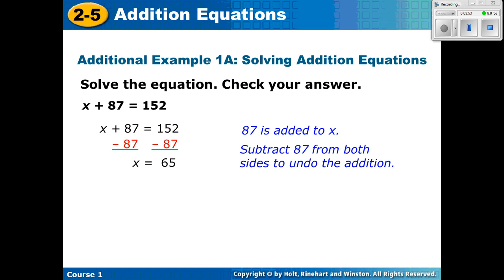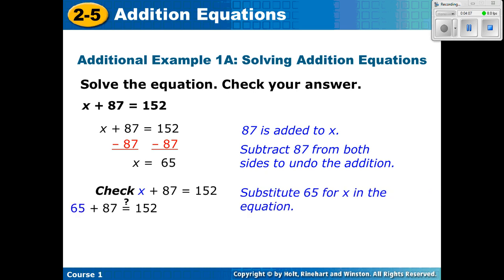But I want to make sure that I did this right. So if x equals 65, I'm going to put 65 into the original problem where x is. So I'm going to put 65 plus 87 equals 152.